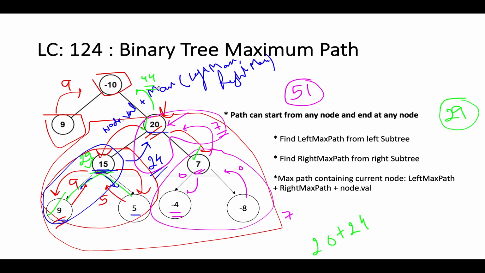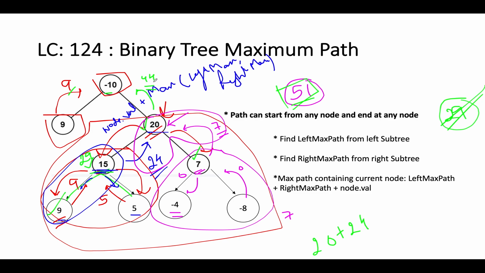And let's do the same thing again. Even before that, here at 20 the maximum path sum turns out to be 51, so we will replace 29 by 51, which tells us the maximum sum path so far traversed across the entire tree. Let's get back to the root of the binary tree, which is -10, and see what value was returned from the left subtree. It was 9. What value is returned from the right subtree?